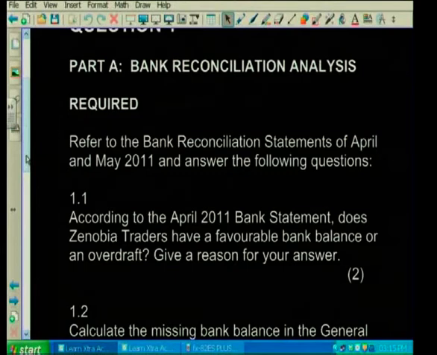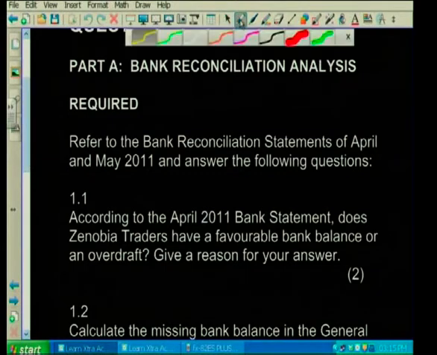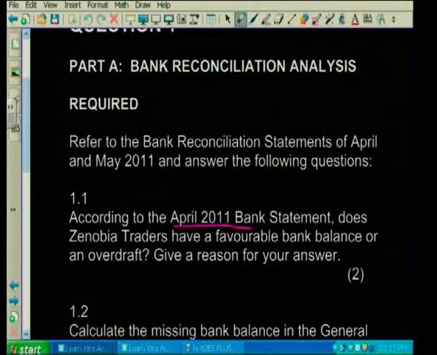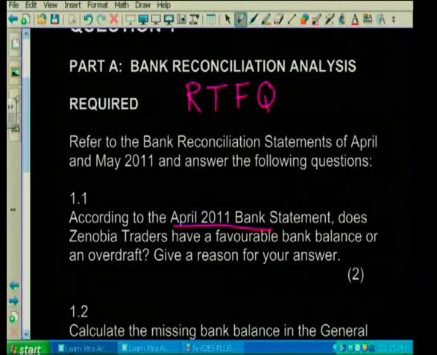The first question says here, according to the April bank statement, be very careful. What does Ashraf say? What do you do when you receive your question paper? When you're working on a question, what is it that you do? RTFQ.